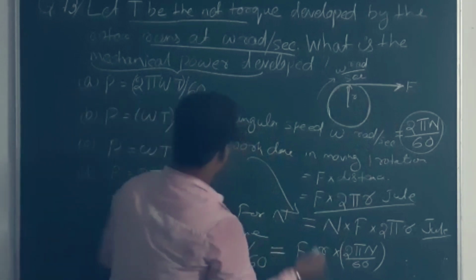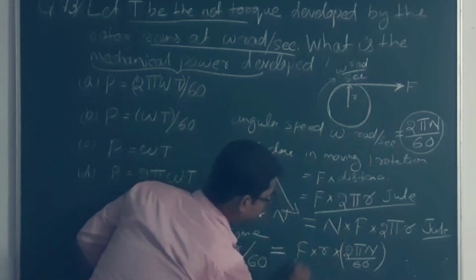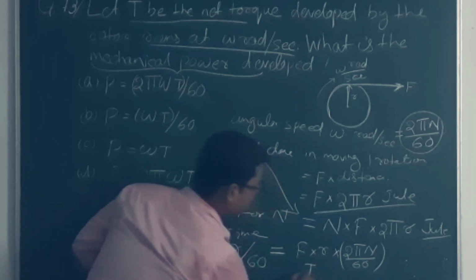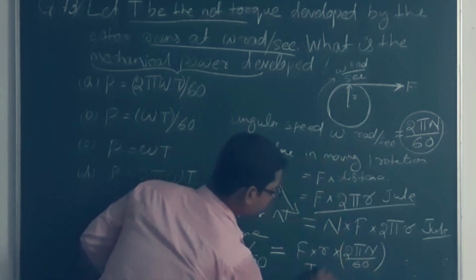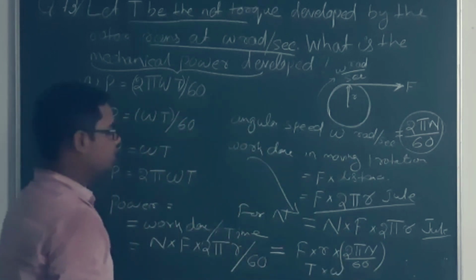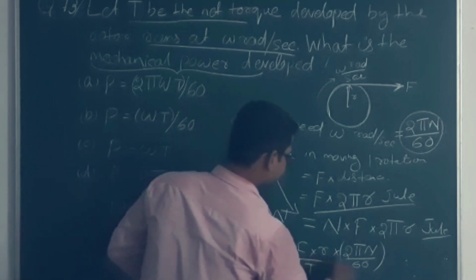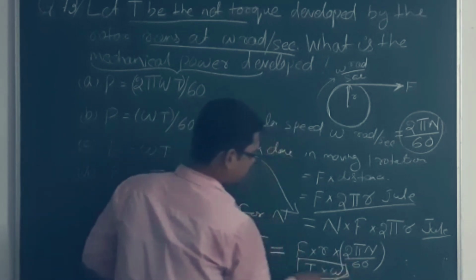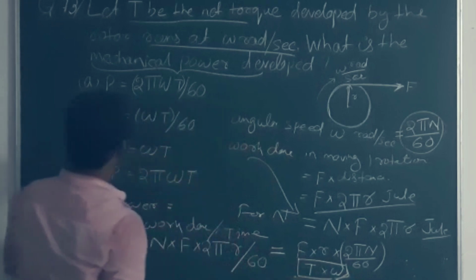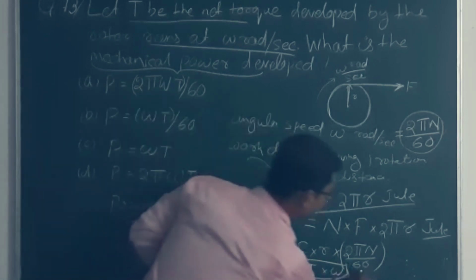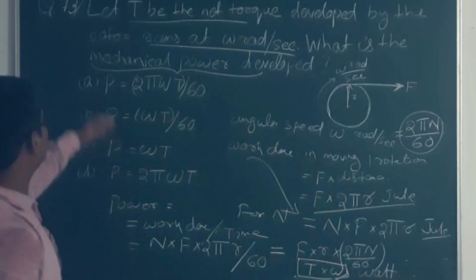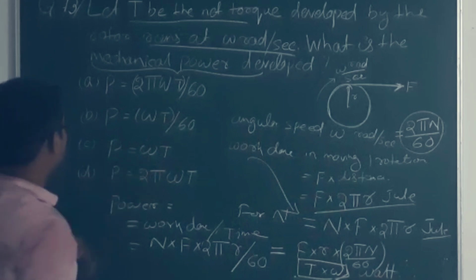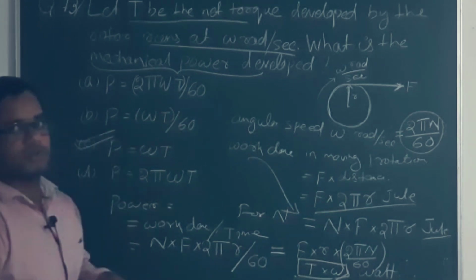So F into R is the torque, and 2 pi n by 60 is the angular speed omega. So T omega is the mechanical power in watt. Omega T is present here, so this is the correct choice. Moving to the next question.